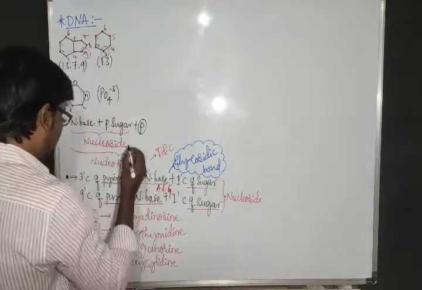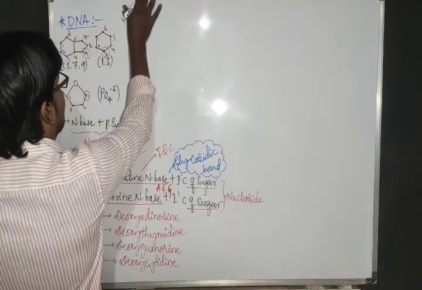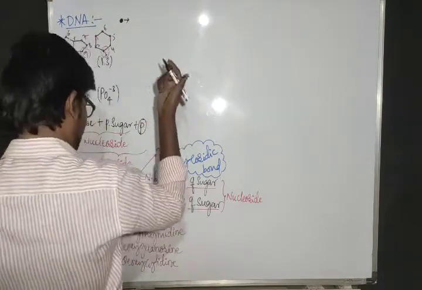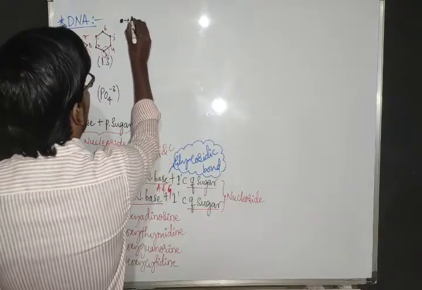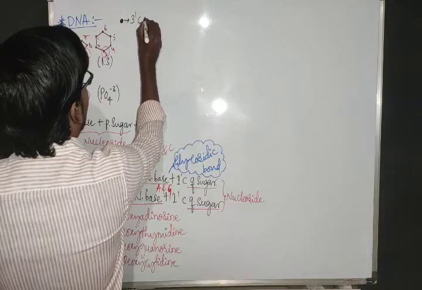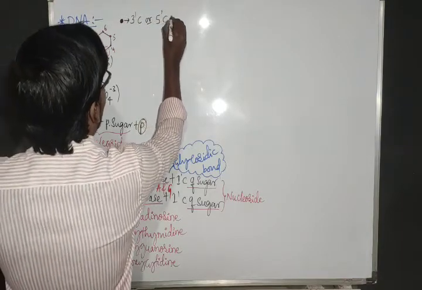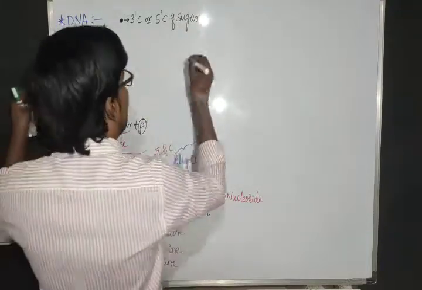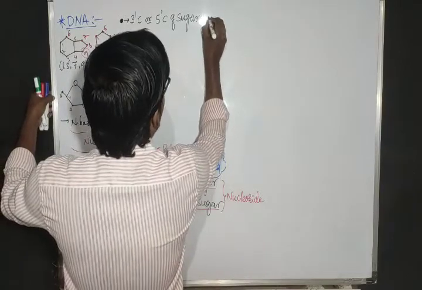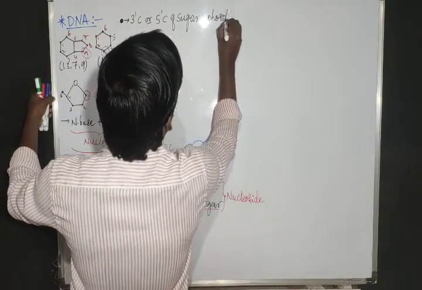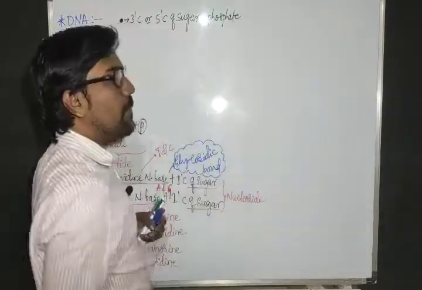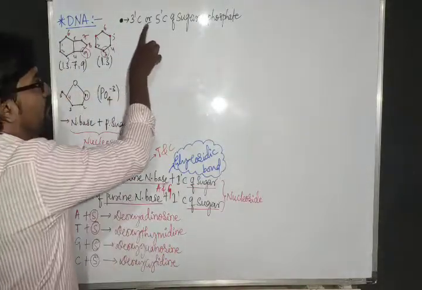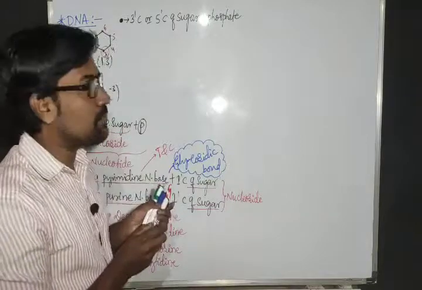So now, the sugar I am considering here: the third carbon or fifth carbon of the sugar combines with the phosphate group. There is no carbon in the phosphate, hence I have not mentioned one. The third or fifth carbon of sugar combines to the phosphate.